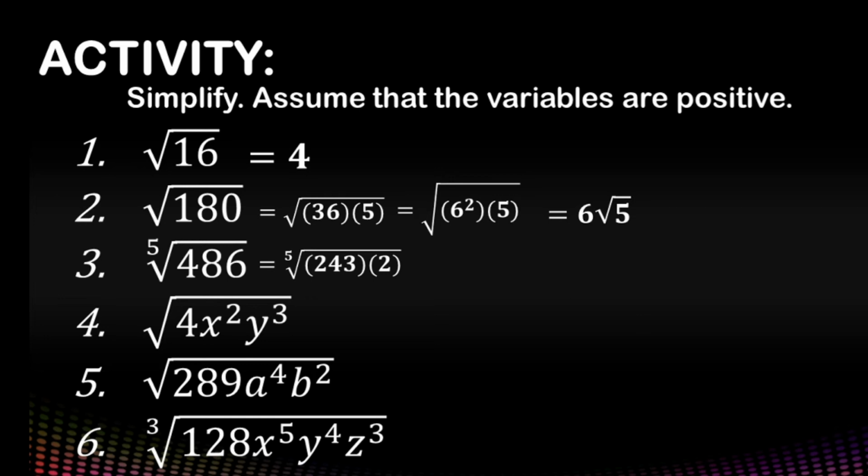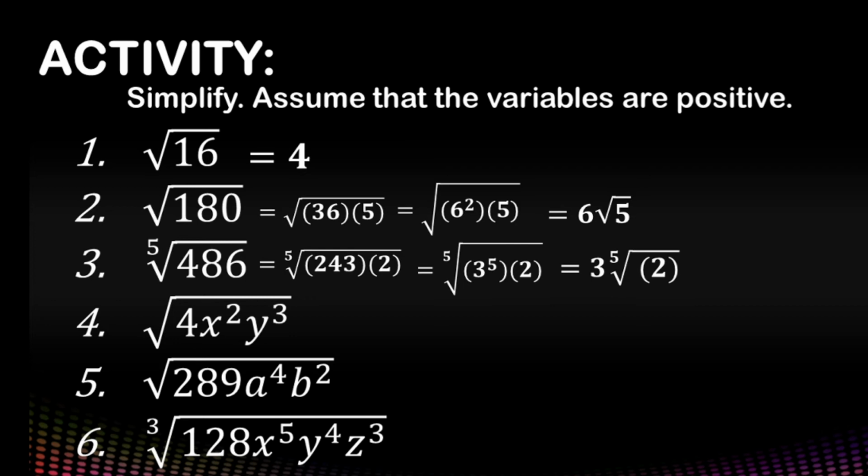So we are going to factor the fifth root of 486 as the fifth root of 243 times the fifth root of 2. So therefore, we have the fifth root of 3 raised to 5 times 2, since 243 could be written as a power of 5, which is 3 raised to 5. So therefore, we have 3 times the fifth root of 2.